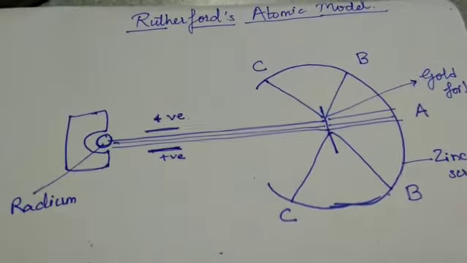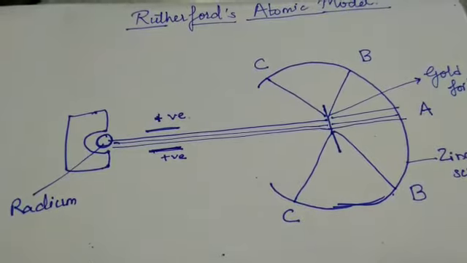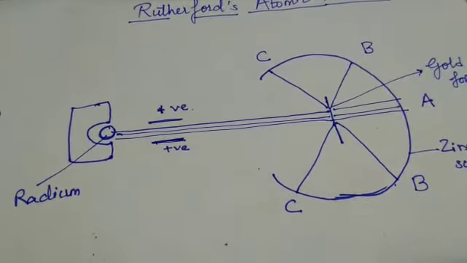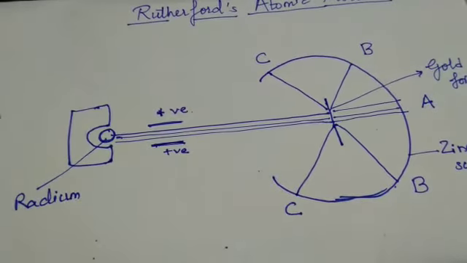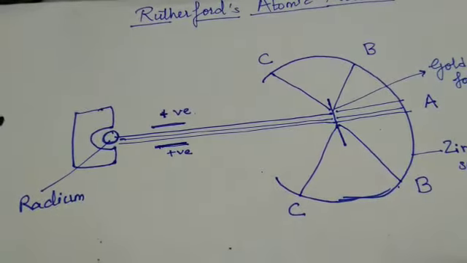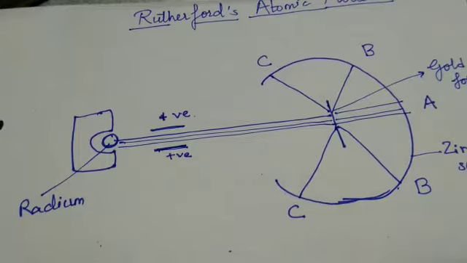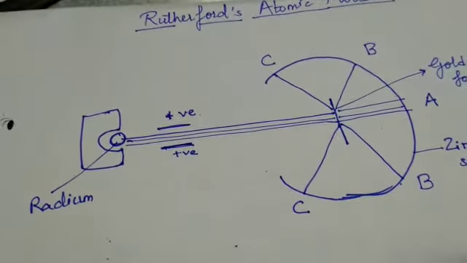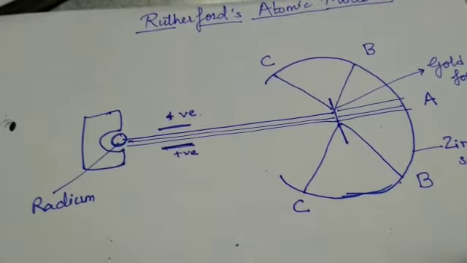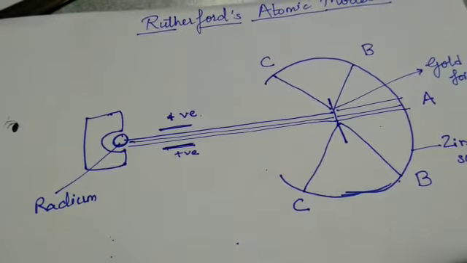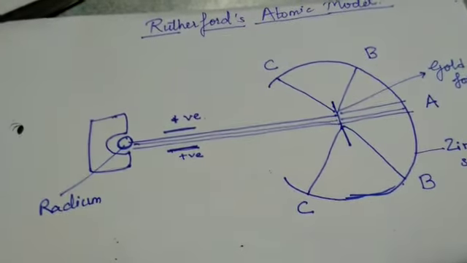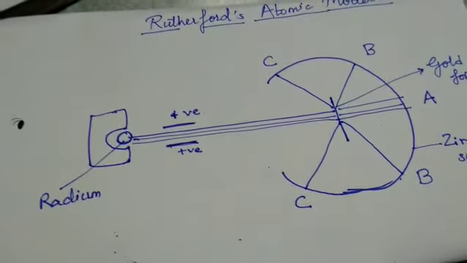Now he thought that if positively charged particles of very high energy are made to fall on that gold foil, then all of them should pass through it straight.